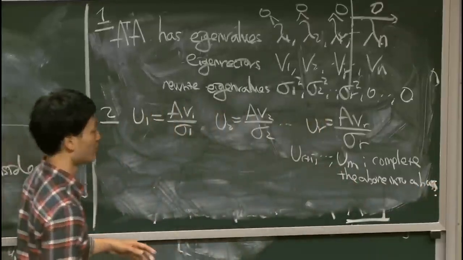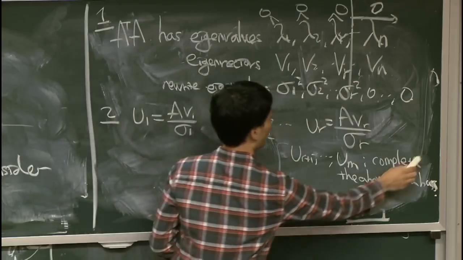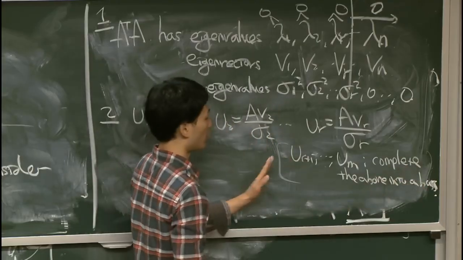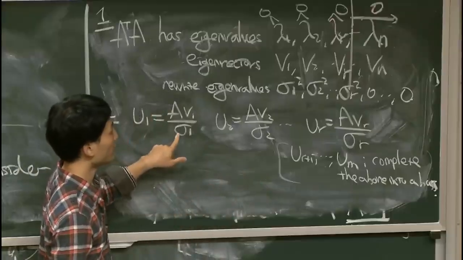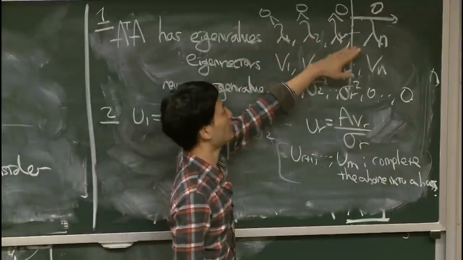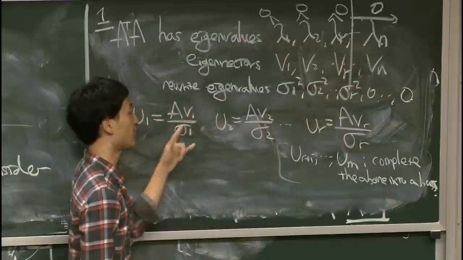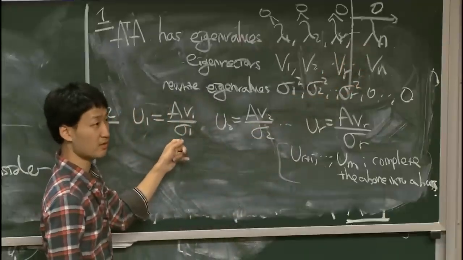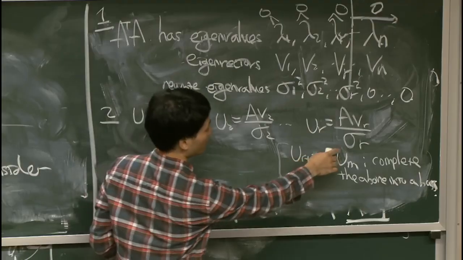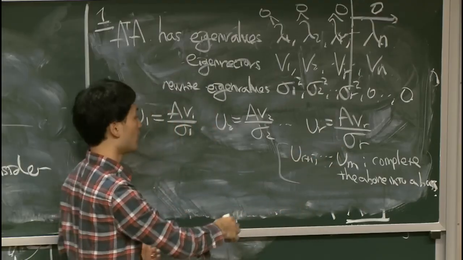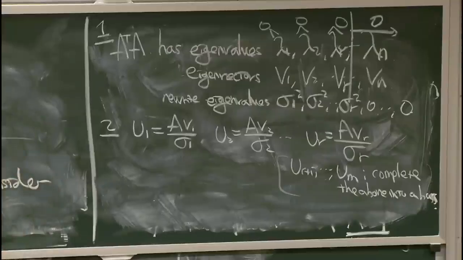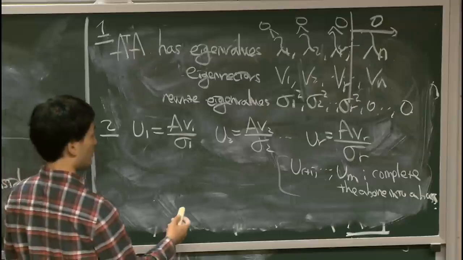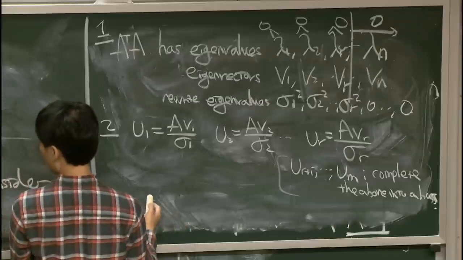So for those who don't understand, just think of, we pick u1 up to ur first, and then arbitrarily pick the rest. And you'll see why I only care about the non-zero eigenvalues, because I have to divide by the sigma values, and if it's 0, I can't do the division. So that's why I identified those which are not 0. And then we're done. Okay? So it doesn't look at all like we're done.